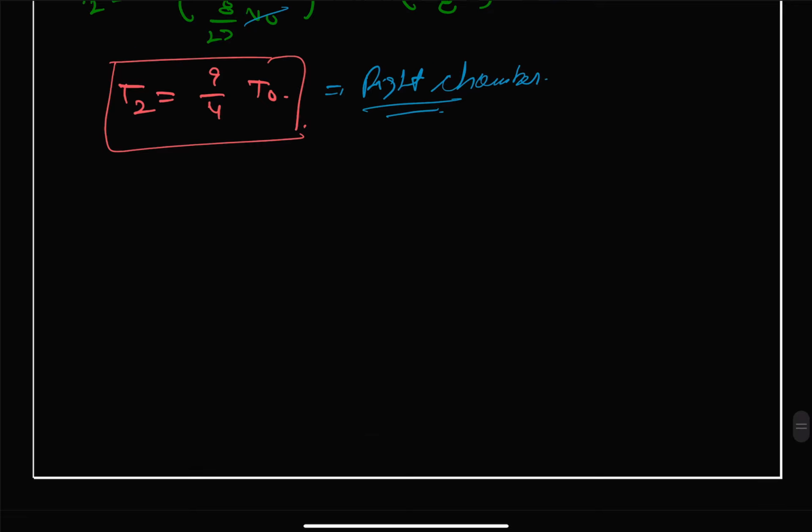And for the left chamber we can write P naught V naught is equal to NR times T naught.